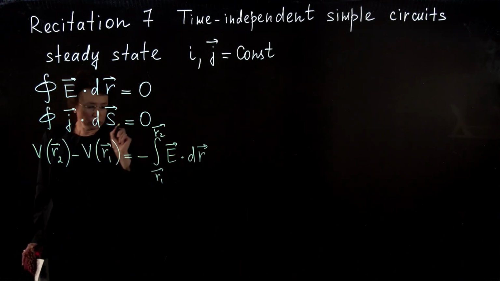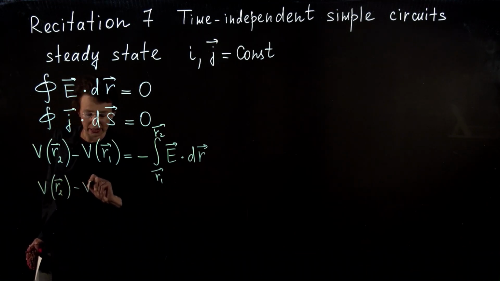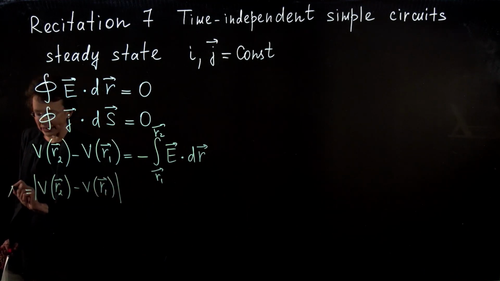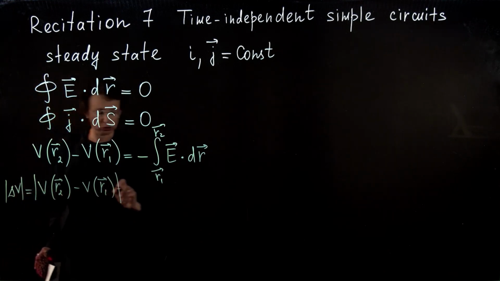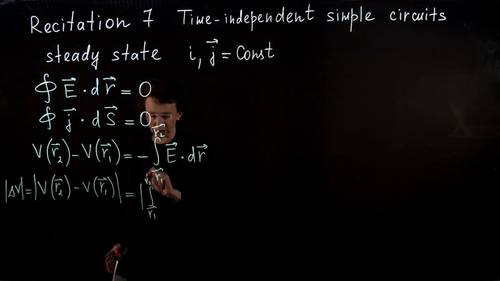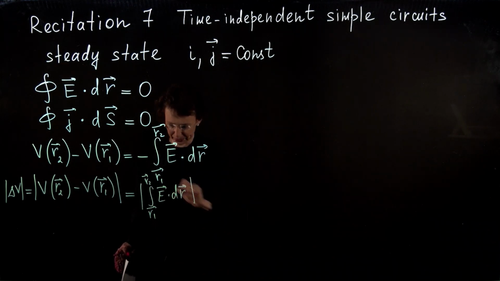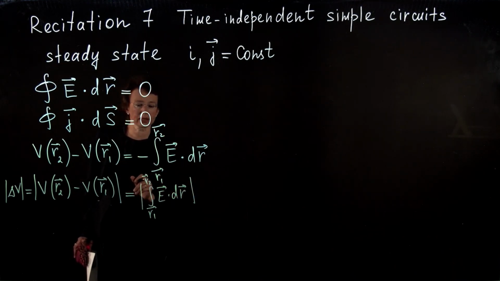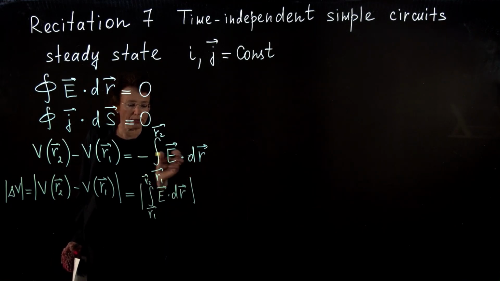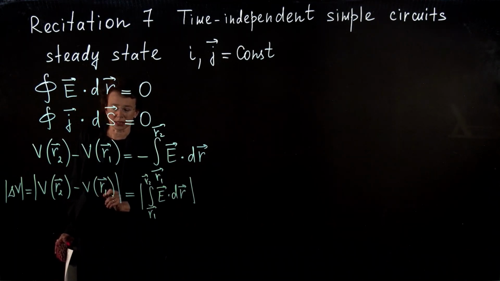And I want to draw your attention to the fact that V at R2 minus V at R1, if I take the absolute value, let's call it absolute value of delta V, is equal to the absolute value of the integral from R1 to R2 of E dot dr. And this minus means that if I consider E dot dr around the loop, it will have the opposite sign to the difference in the electric potential, or the sign in voltage.